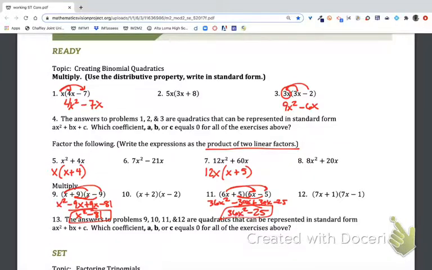For number 13, 9 through 12, definitely quadratic. Has an x squared in it, no other variable with a higher power. Which coefficient, a, b, or c, equals 0 for all of the exercises above? If you keep in mind, standard form is ax squared plus bx plus c.